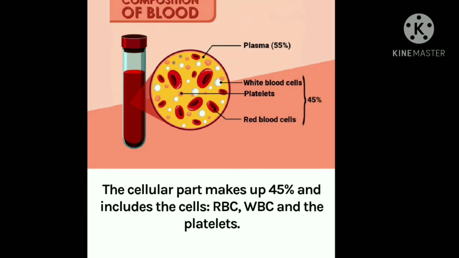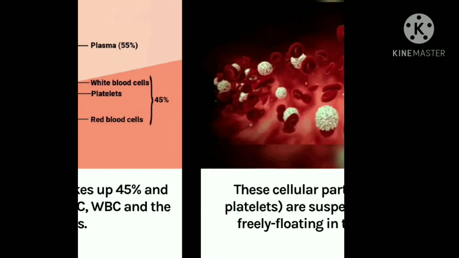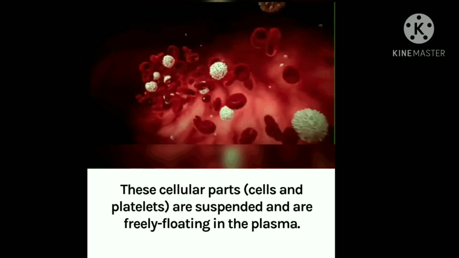Now we will see the composition of blood. This cellular part makes up 45% and includes red blood cells, white blood cells and the platelets. Now we will see the cellular part.